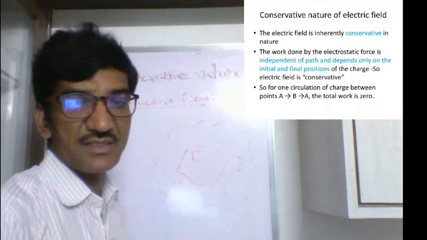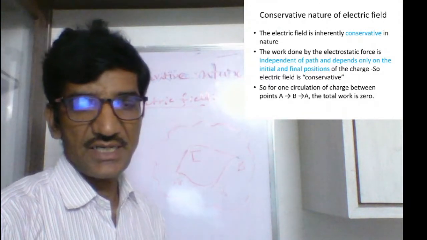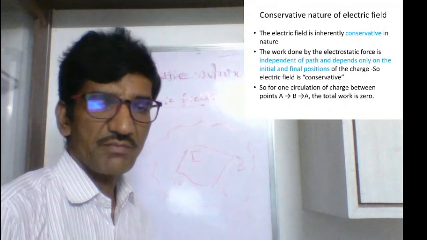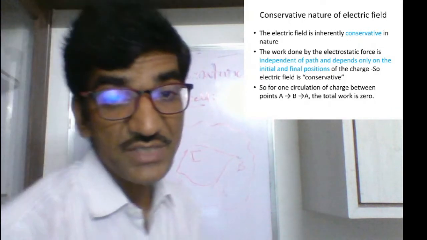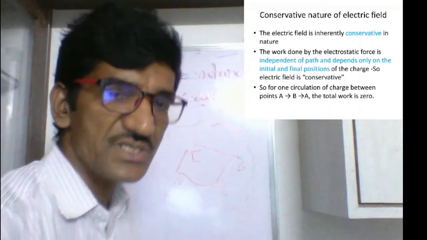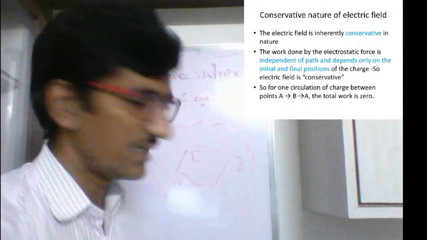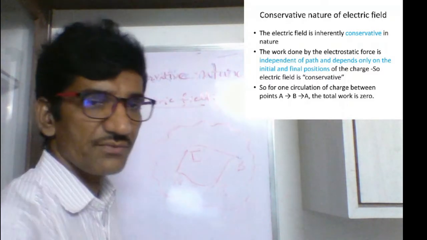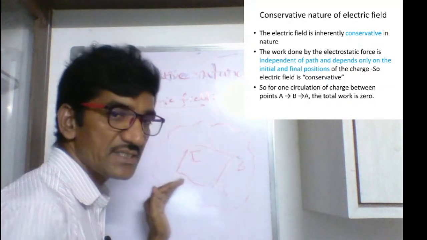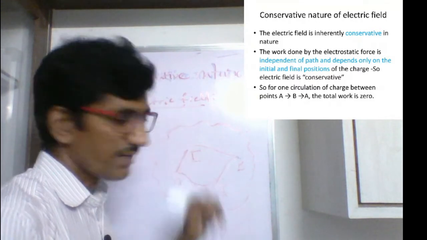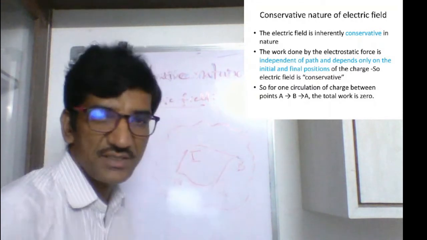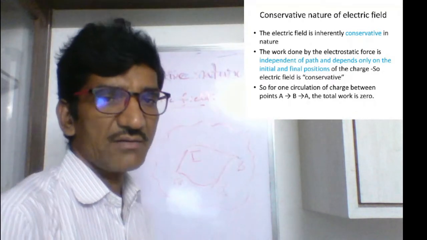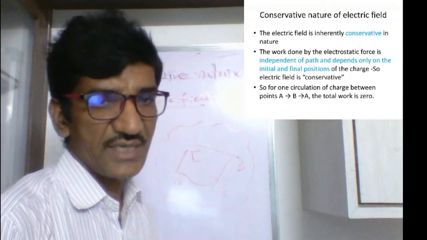See, both paths are different. What we have to check here: the charge is moving, that means some force is acting. Which force acts in the electric field? Electrostatic force acts in the electric field. By the action of the electrostatic force, once the particle is moving through path 1, and once it is moving through path 2, we calculate the work done in both cases.